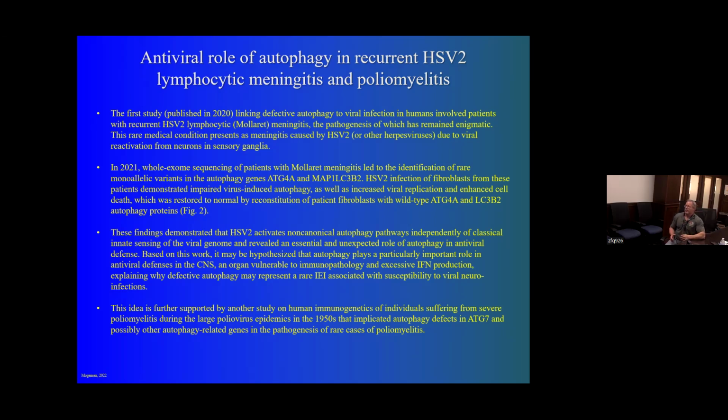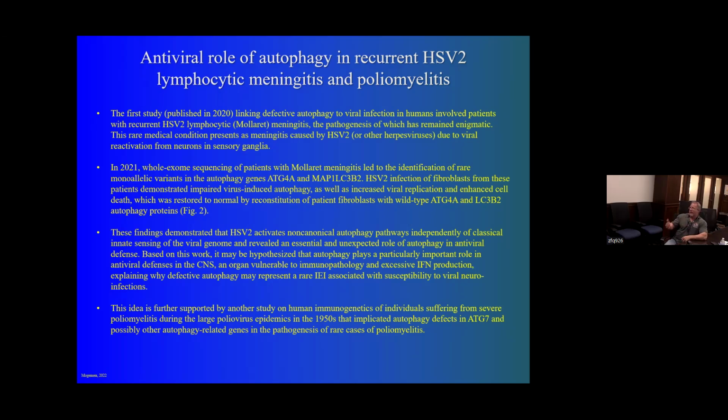So in these individuals, the pathogenesis of this has really been kind of sketchy because in some people, they seem like they never leave the latent phase or never leave the lytic phase where the virus particularly stays active. And it's actually a very rare medical condition called Mollaret's meningitis, lymphocytic Mollaret's meningitis. And it's primarily caused by HSV2.